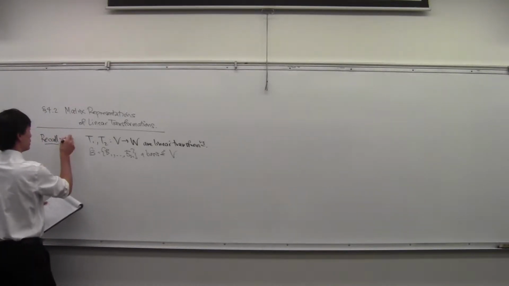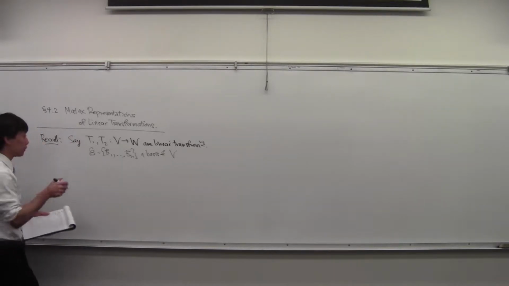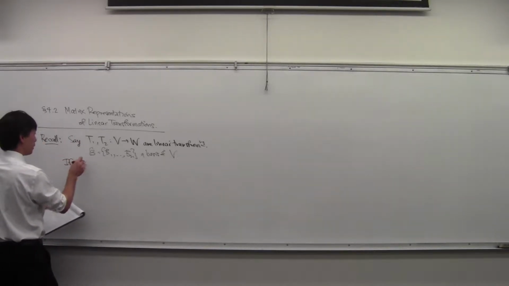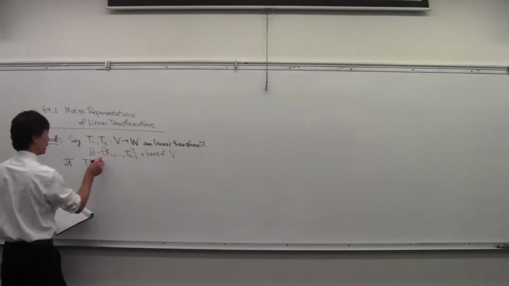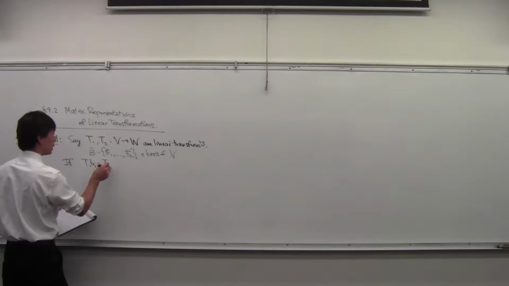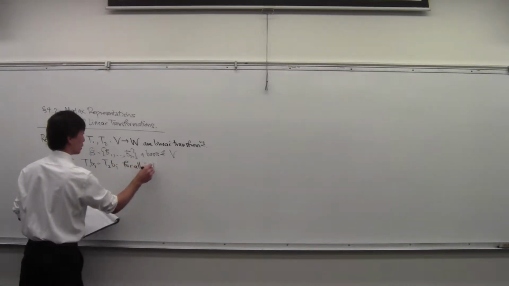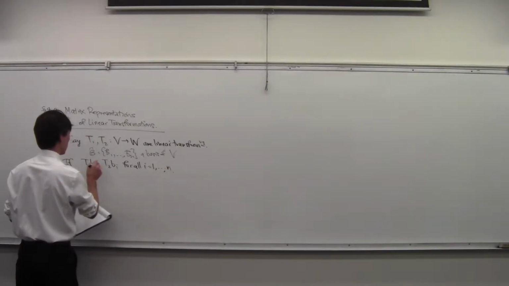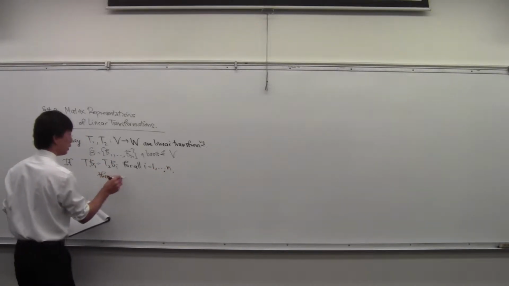Say that T1 and T2 are linear transformations, and you have a basis b. If T1 of bi equals T2 of bi for all i, then what?